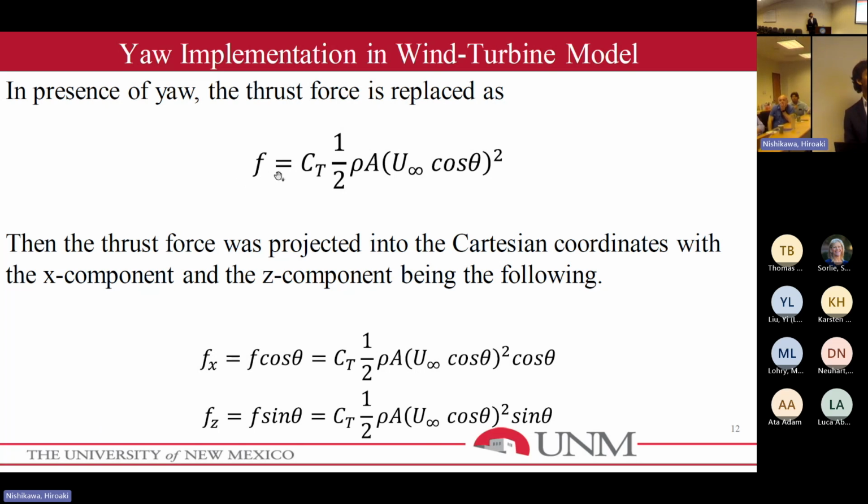Basically, it takes the thrust component perpendicular to the rotor plane. Since this component is not aligned with the Cartesian grid, we have to split it into two Cartesian components, fx and fz, and we apply these to the respective momentum equations.